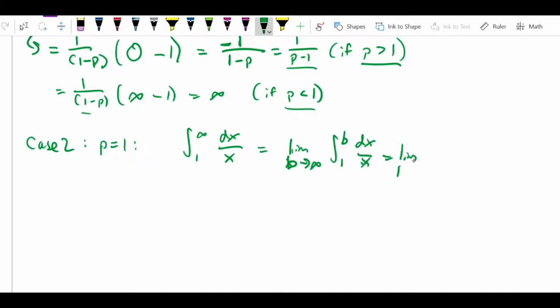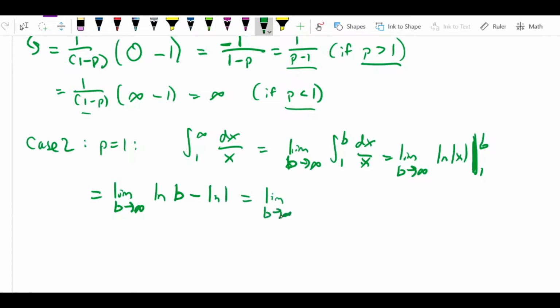That equals the limit as b approaches infinity of ln x going from 1 to b. So that equals the limit as b approaches infinity of ln b, I can take the absolute value out because infinity is a very large positive number anyway, minus ln 1. Using the law of logarithms, that equals the limit as b approaches infinity of ln of b over 1, which is just b.